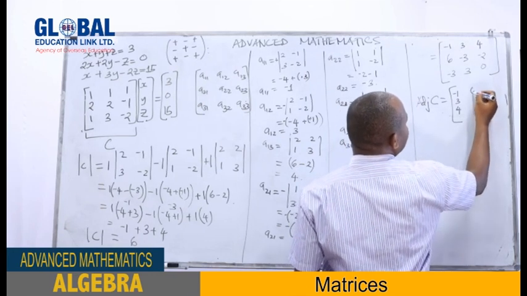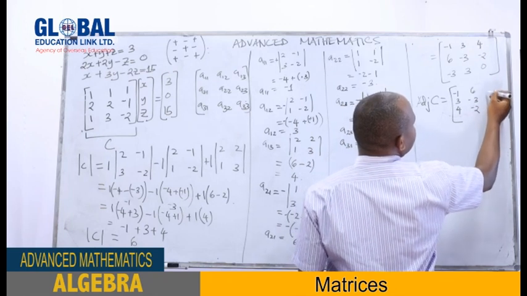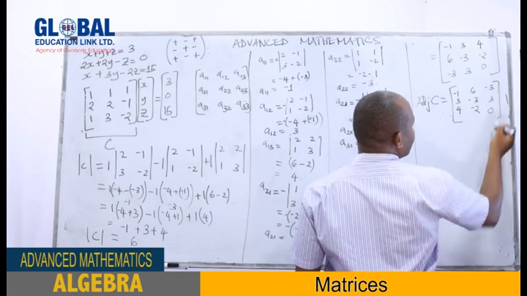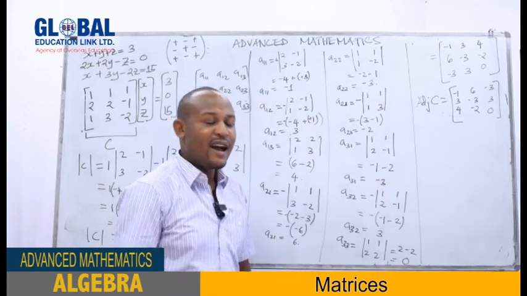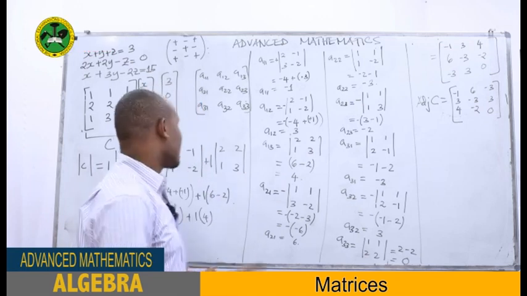And then we are left with 6, negative 3, negative 2, negative 3, 3, 0. And then after that, we have to find the inverse to matrix C.